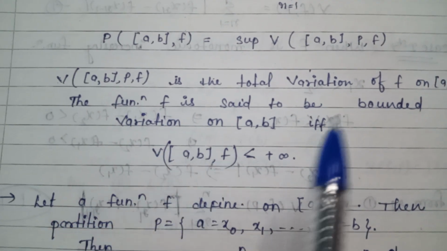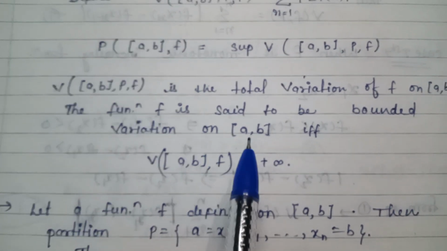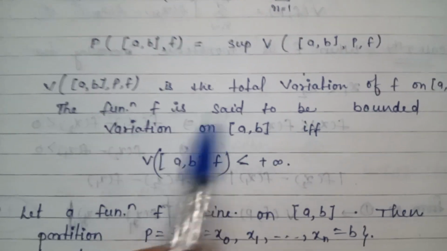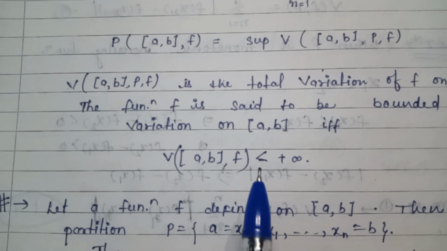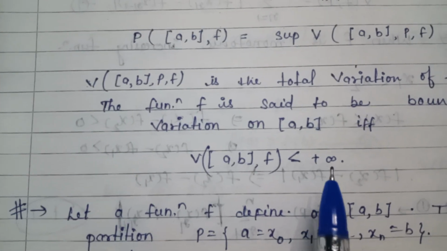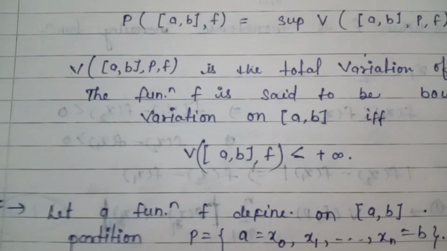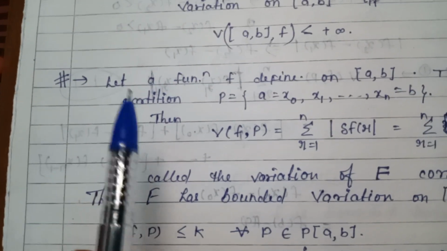The function f is said to be of bounded variation on the closed interval [a, b] if and only if V([a, b], f) is less than infinity.